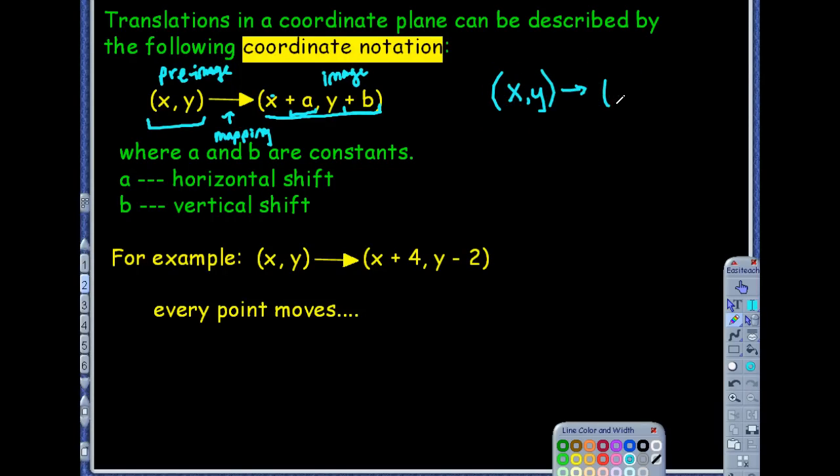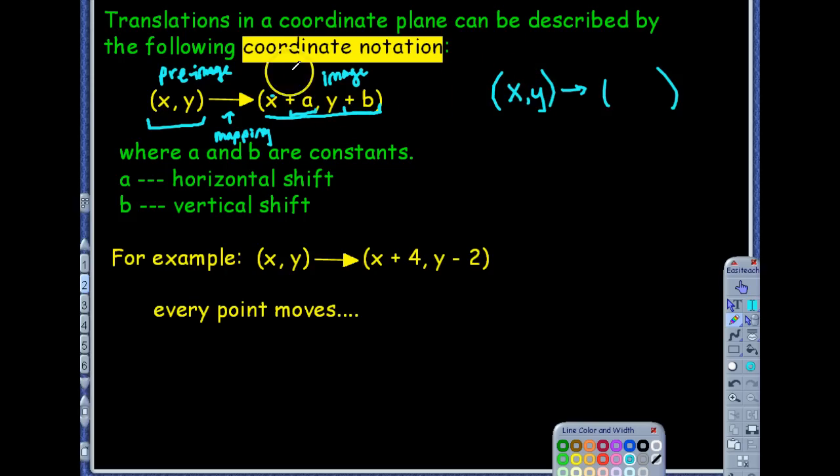When we looked at our reflections and our rotations, we saw this, for example yesterday when I rotated 90 degrees or 180 degrees counterclockwise. It's just describing what's happening to that x comma y. That's what our coordinate notation is.